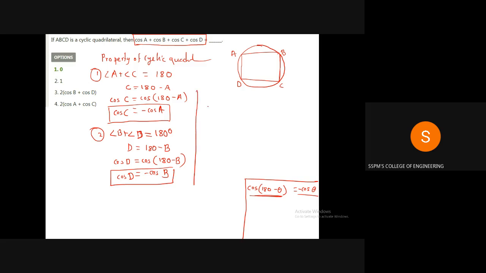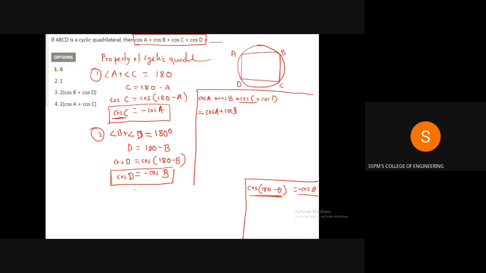What is asked in the question? We have to find the value of cos A plus cos B plus cos C plus cos D. So we will replace cos C and cos D with these two values. Therefore, cos A, now we will replace cos C and cos D. What is the value of cos C?